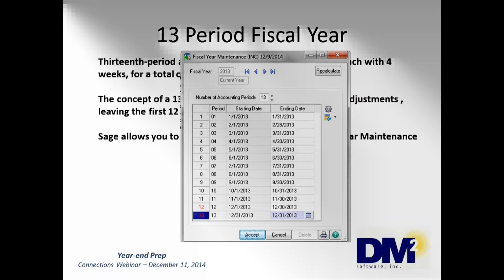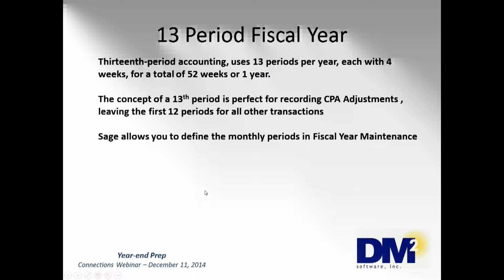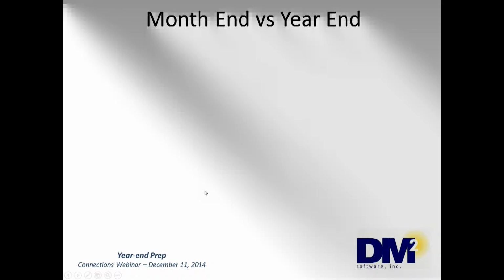But I will tell you that the one big caveat is that it is not recommended for any companies, if you have multiple companies, that are using motor fuel tax reporting, because Petrolink doesn't recognize 13 periods. So it will not follow those same rule scenarios. If you have multiple companies and a particular company that does not require motor fuel tax reporting, then the 13th period may be something that you might want to consider.